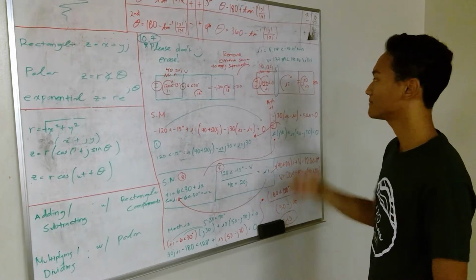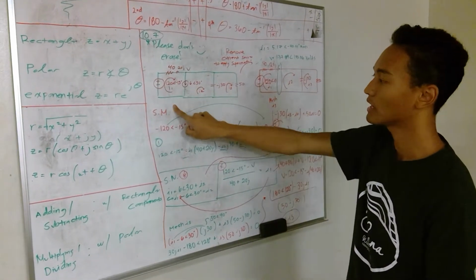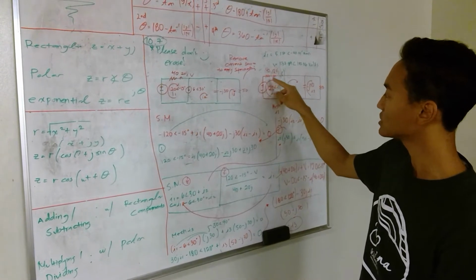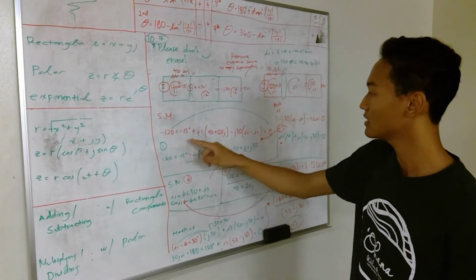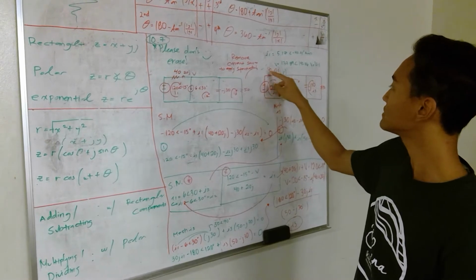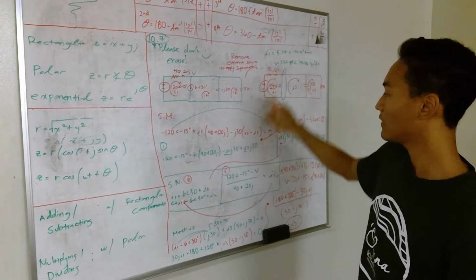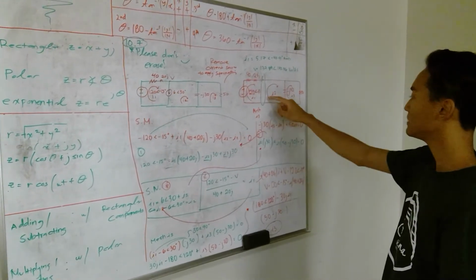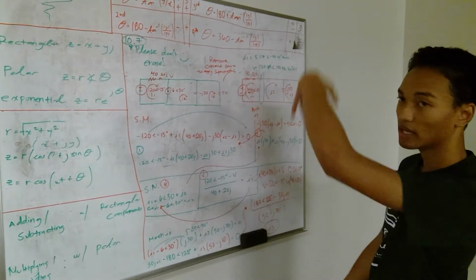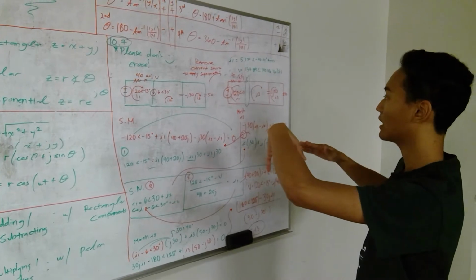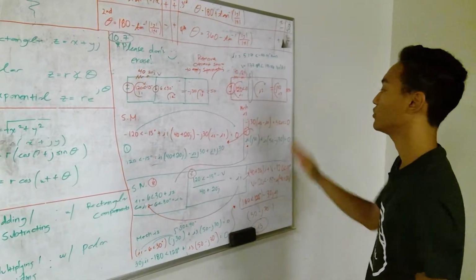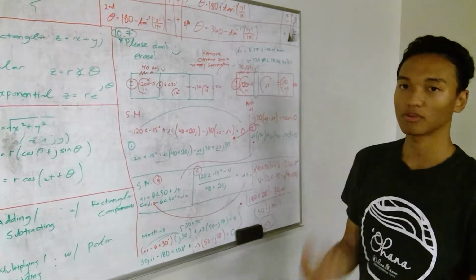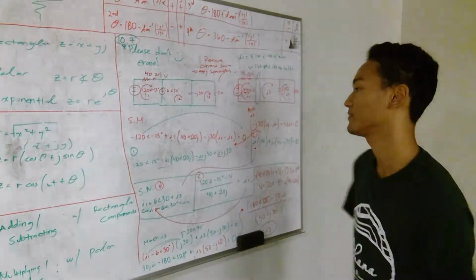So like I said, KVL. I did my SuperMesh first, and I noticed I'm going through the negative side of the voltage source, so 120 angle negative 15, plus I1 times 40 plus 20J, and then minus J30 times I2 minus I3, because I know I2 is going into that capacitor and I3 is going out. You want to make sure of that because you want to know your I2 component and your I3.